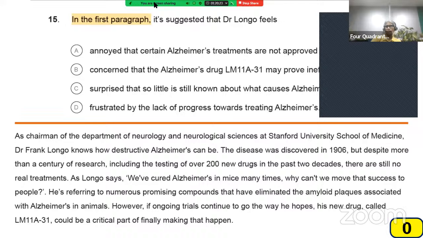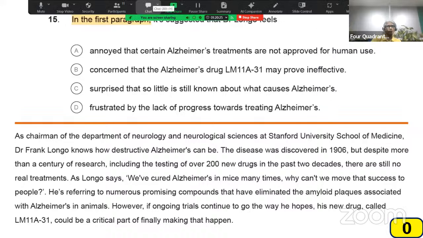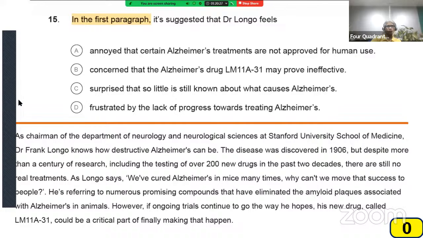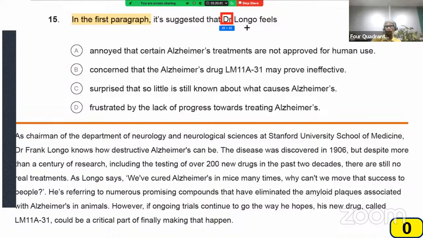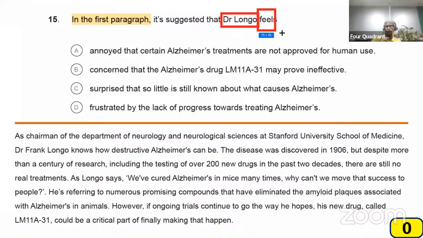Now let me give you some short techniques. In the first paragraph, it is suggested that Dr. Longo feels. It is about his feeling.